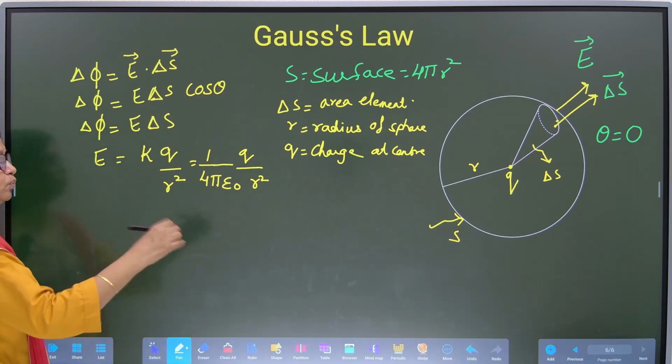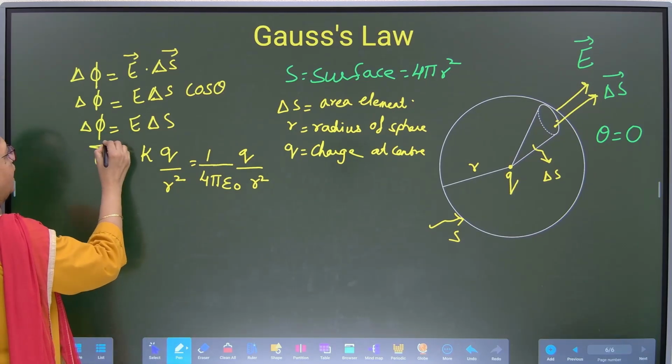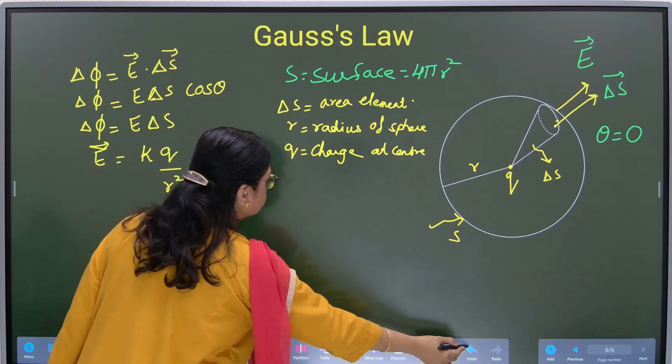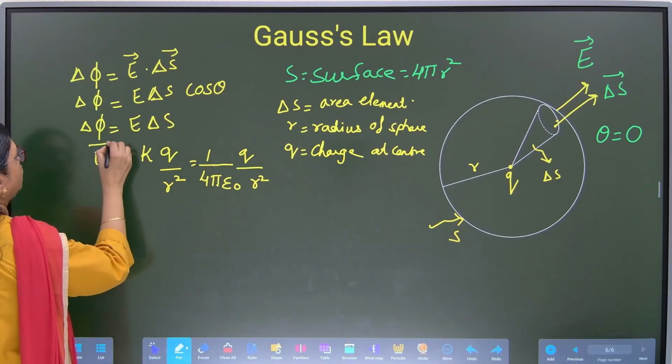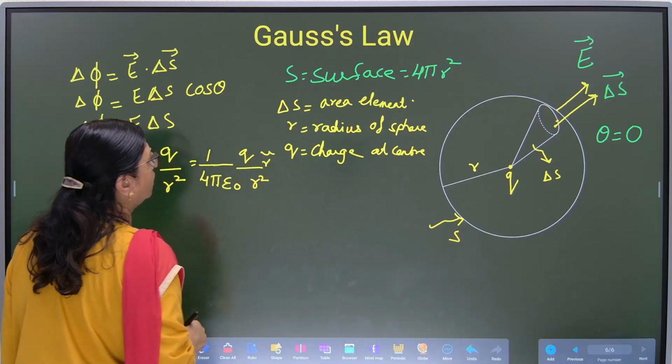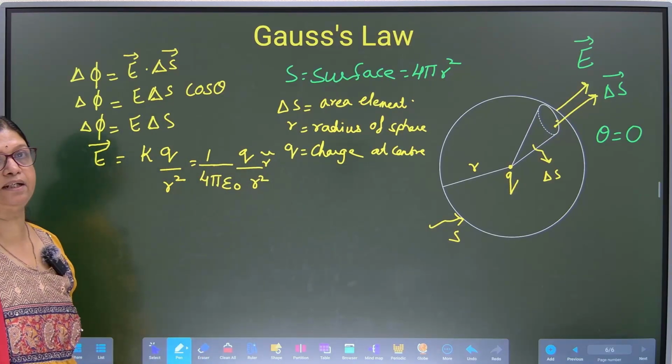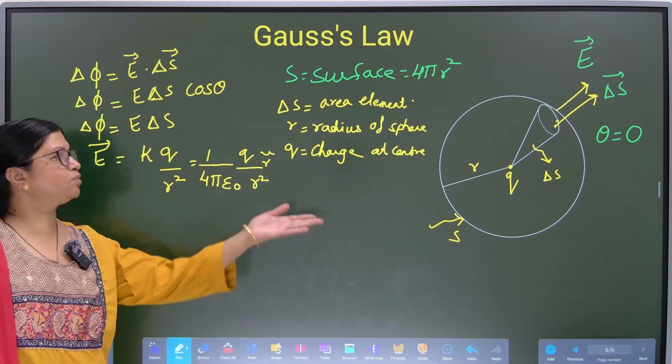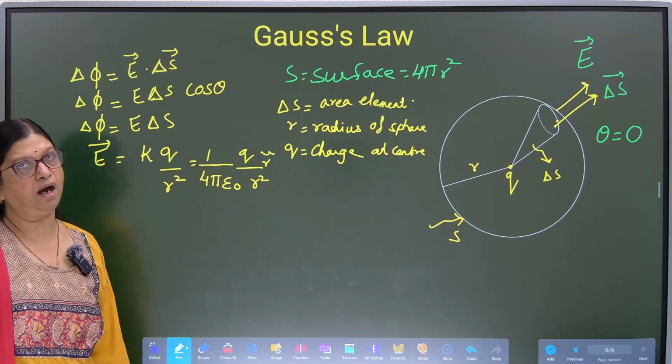In vector notation, I can write an arrow here and put an r cap, where r cap is the direction of the unit vector r.